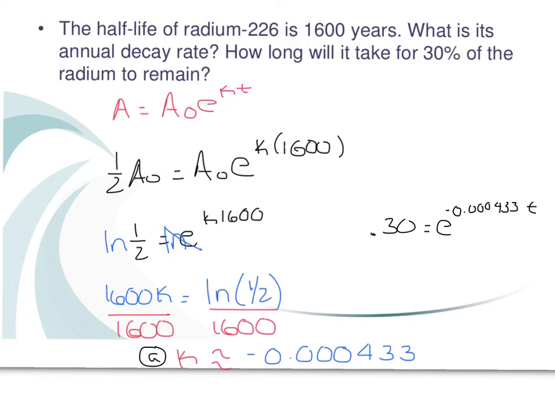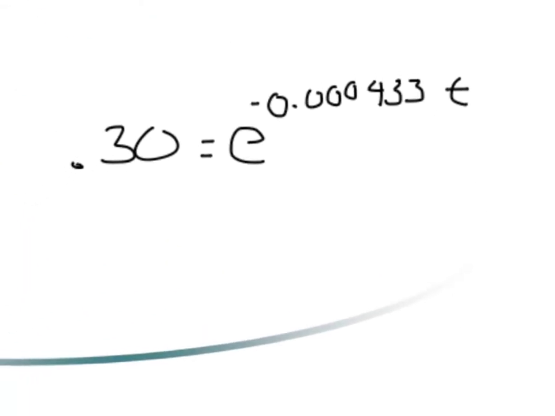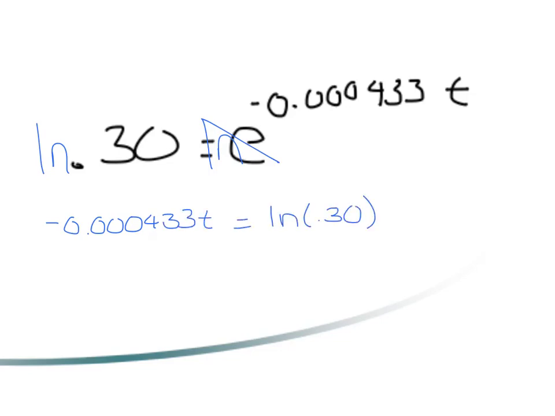So now I'm going to start by introducing ln to both sides. This reduces, we're left with negative 0.0001230433 t equals ln 0.30. Divide by all of this.